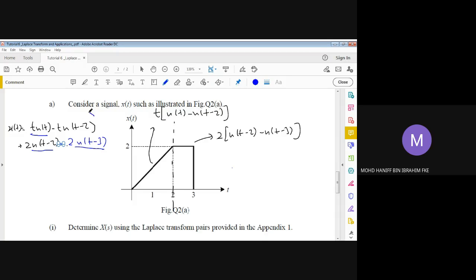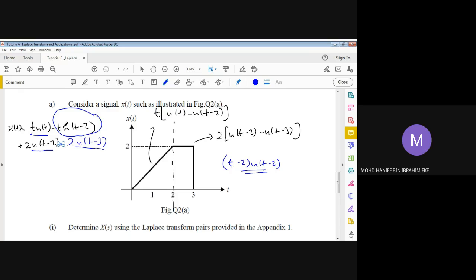But the problem is these terms here. Yeah, because if you want to use the shifting properties, you need to ensure that both the ramp and the step have the same shifting value. For instance, for this particular term, it's supposed to be t minus 2, ut minus 2, supposedly.